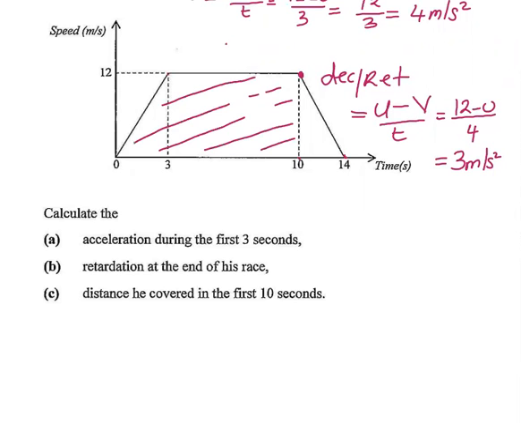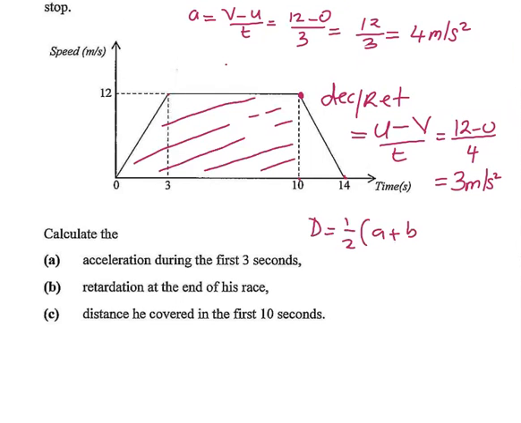So we are going to say distance is equal to 1 over 2, the 2 parallel sides in brackets, and then multiplied by the height. So in this case, we're going to write out the 2 parallel sides. A is from this point to this point, that is from 3 up to 10.